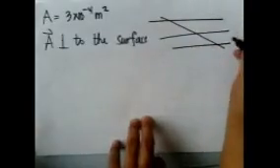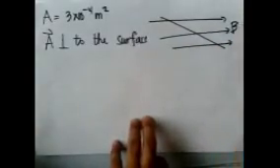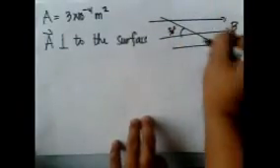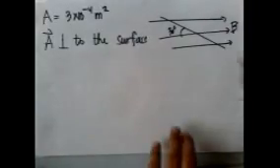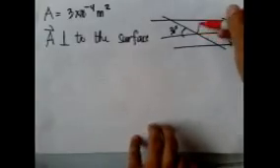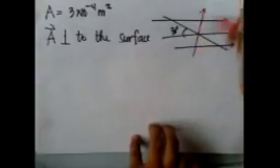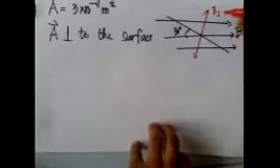This is the direction of our magnetic field B, and this is the 30 degrees inclination of our plane to the magnetic field. I use red color to emphasize the B perpendicular to the surface.